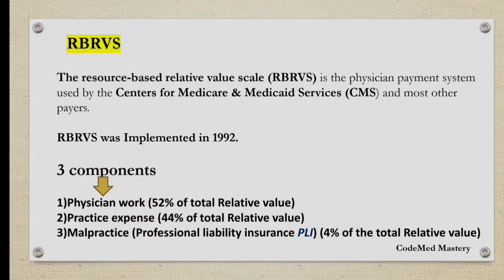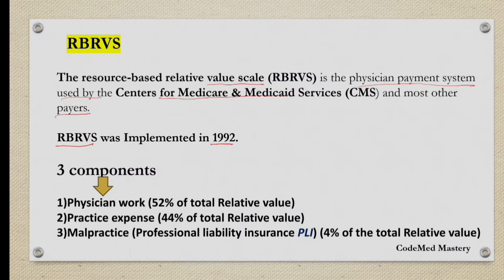Next is RBRVS. So, the full form of RBRVS is the Resource-Based Relative Value Scale. So, what is this? It is a physician payment system used by CMS and most other payers. RBRVS was implemented in 1992.